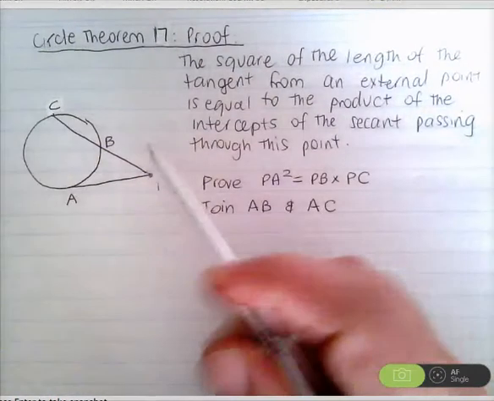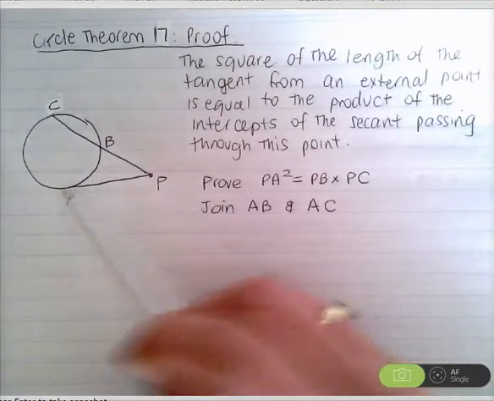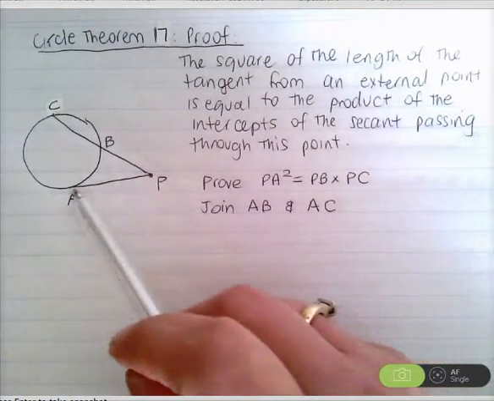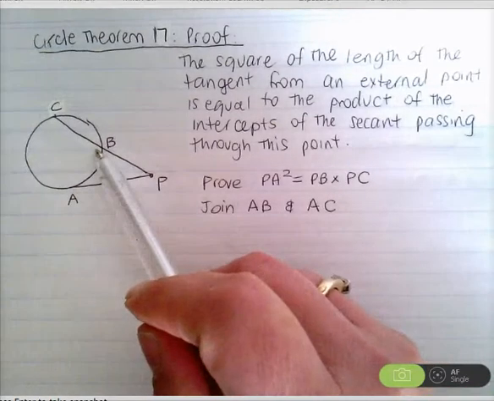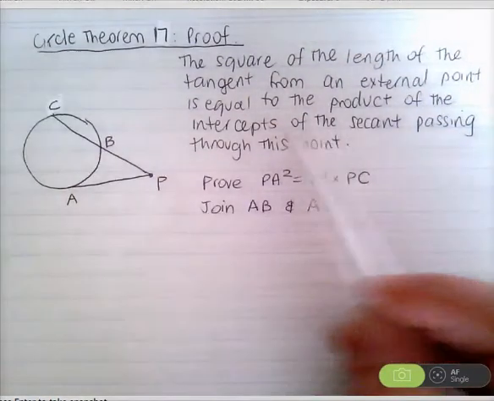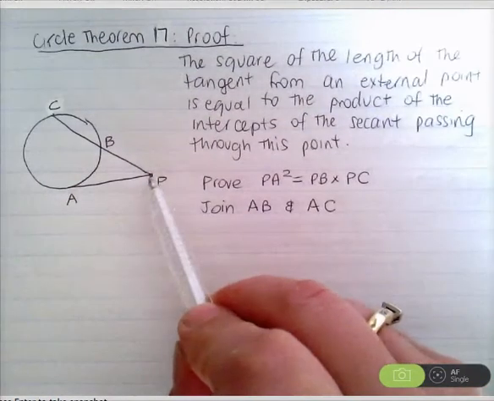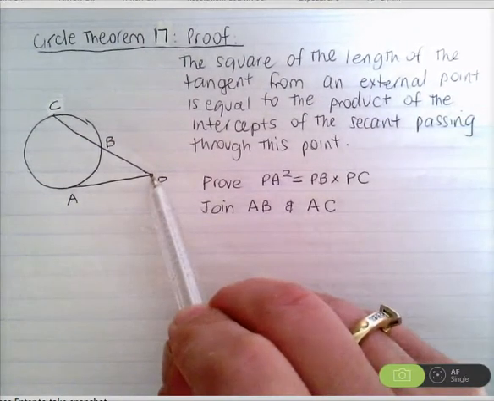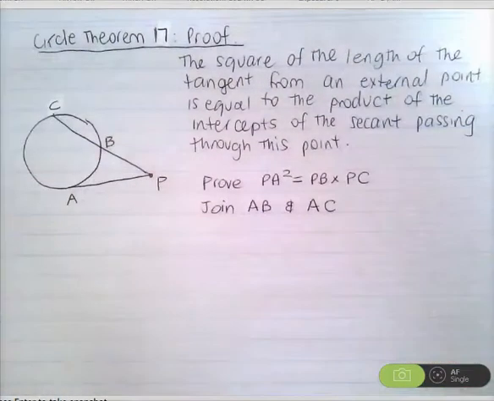Please be very careful not to do PA squared equals PB times BC. It is not that. It is PA squared equals PB times PC, because it's the intercepts of the secant passing through the point P. So each of these secant points must have a P in it, PB and PC.